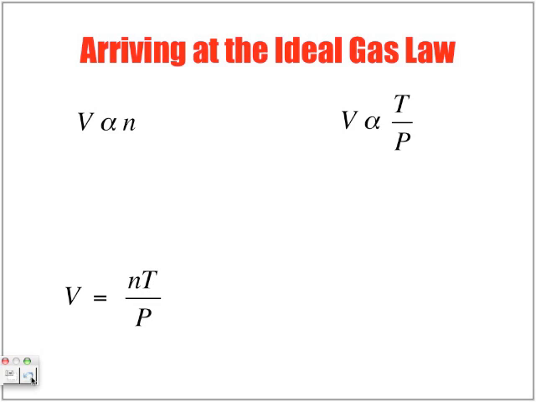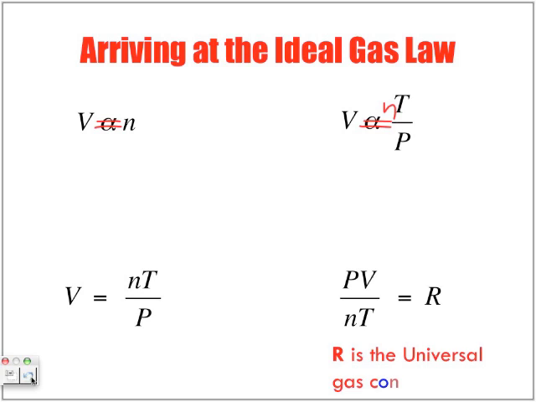Using that, volume is equal to the number of moles times the temperature divided by the pressure. Treat this as V is proportional to n, but V is also proportional to T over P. We're throwing n into the mix of this proportionality to give us this part of the equation. And ultimately, we're going to have the constant.